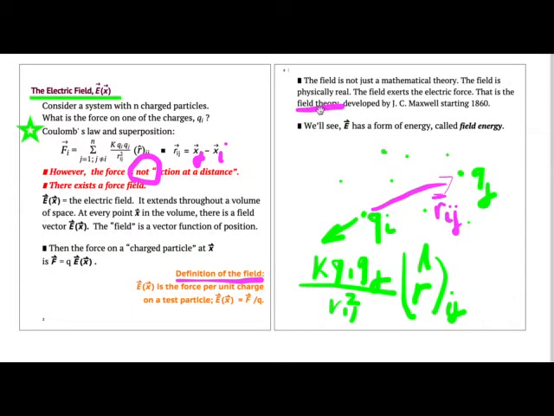It was developed by the Scottish physicist James Clerk Maxwell, starting around 1860. And in fact, Maxwell developed a complete field theory for electricity and magnetism, and he showed that that field theory describes light and all other forms of electromagnetic radiation.